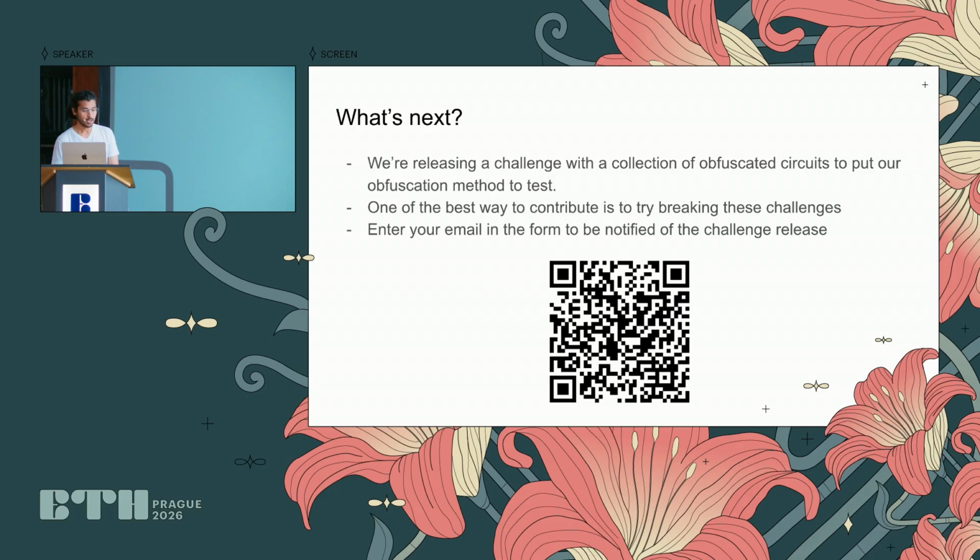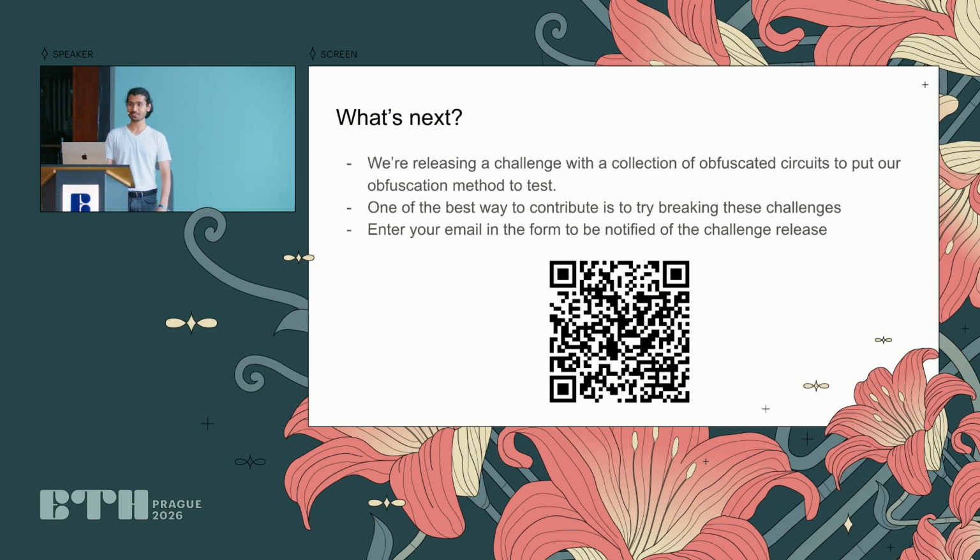What's next? So I think we're nearing the end of our first iteration, which was a year-long iteration. We would be releasing a challenge with a collection of obfuscated circuits, putting our method to the test and seeing what happens. And one of the best ways to contribute to this effort is to try breaking this challenge.